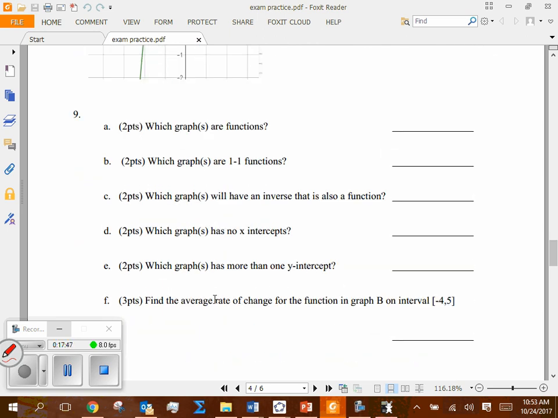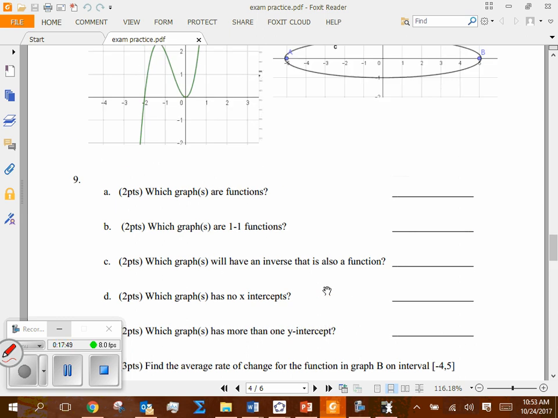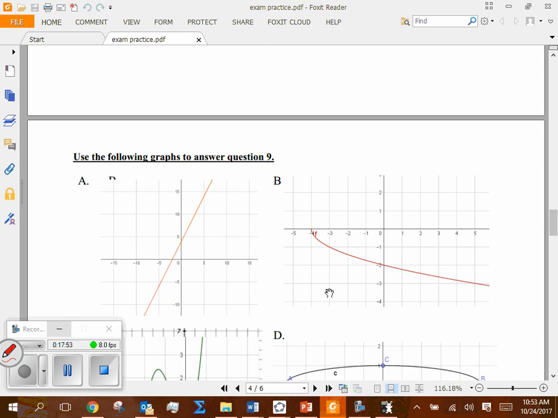It says find the average rate of change for the function in B on the interval of -4 to 5. Remember, average rate of change is essentially the slope, but we're looking from -4 to 5 on this. So -4 is the x value, so we got -4, comma 0. And if we go to 5, that point is 5, comma -3.